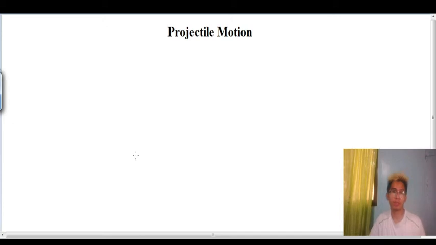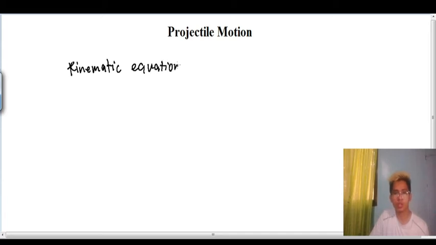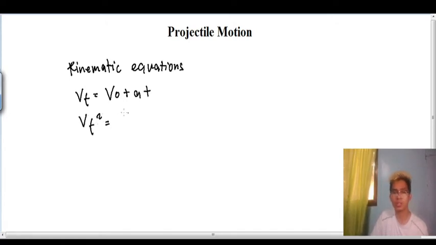Upon solving problems regarding projectile motion, you must first be familiar with the kinematic equations. The final velocity is equal to the initial velocity plus acceleration times time, and the final velocity squared is equal to the initial velocity squared plus 2 times the acceleration and the displacement.